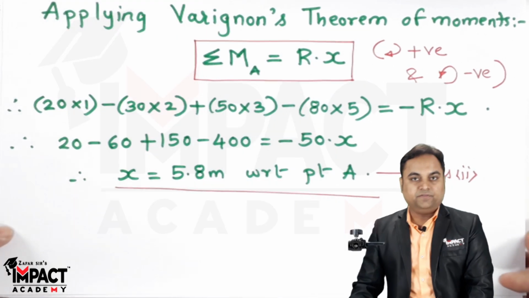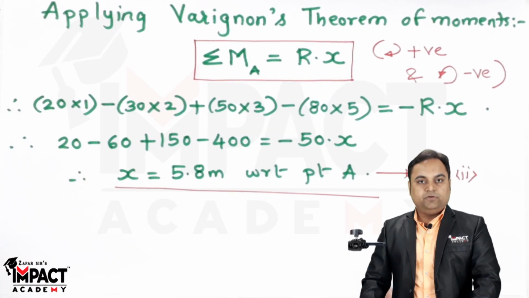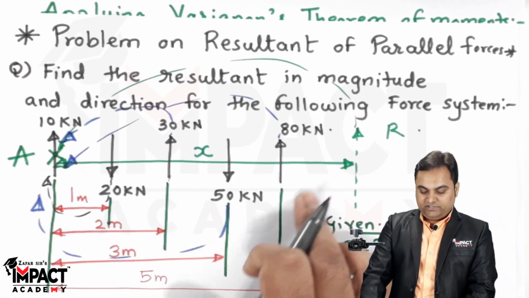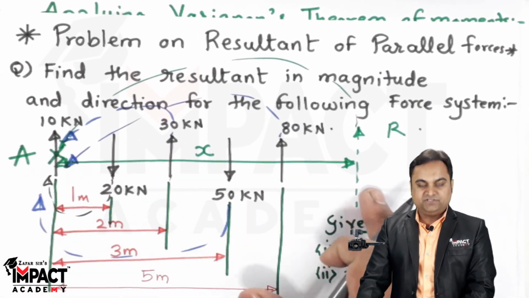That's the second answer. Now, the meaning of this answer is that we have 5 parallel forces, and replacing them would be a single force, which is the resultant force.